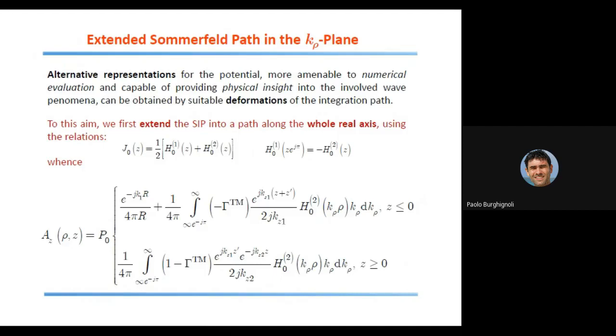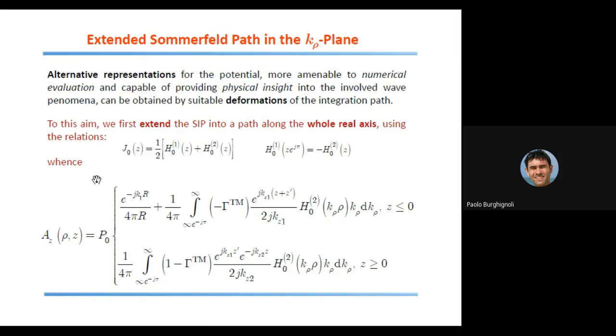What we will do is manipulate the Sommerfeld integral in order to change the integration path and thus be able to define different wave phenomena associated with the singularities in the complex plane. So we will look for alternative representations, which are not only more interesting from a physical point of view, but are also more convenient for numerical evaluation.